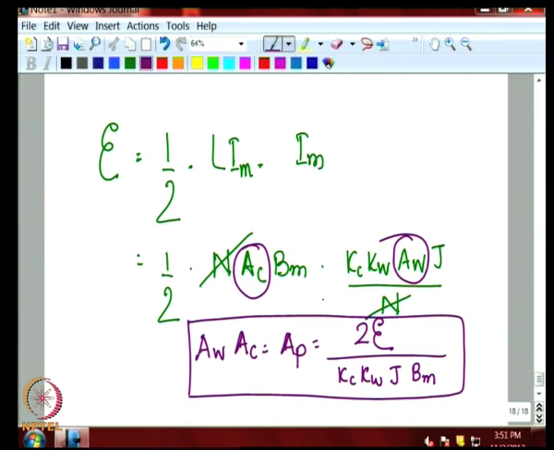Once you have the area product, from the core catalog you run through the area product values and pick that area product value which is just more than what is calculated. That would be the core that would be used for the inductance.